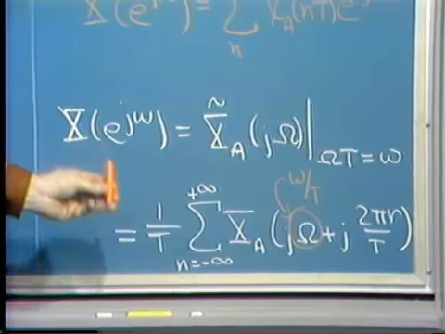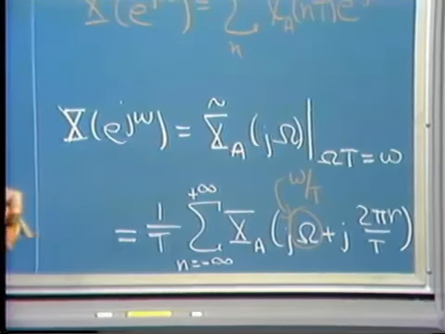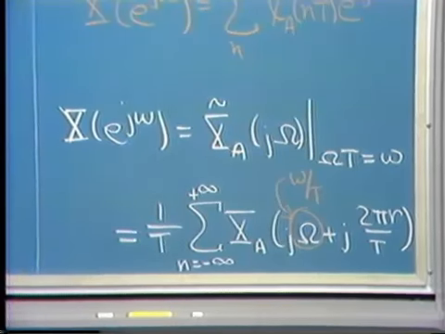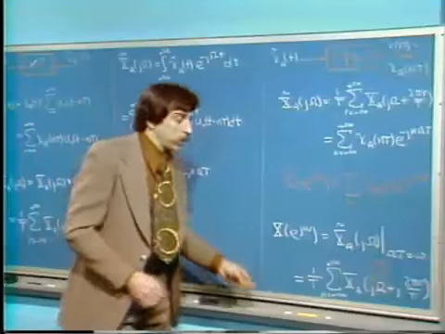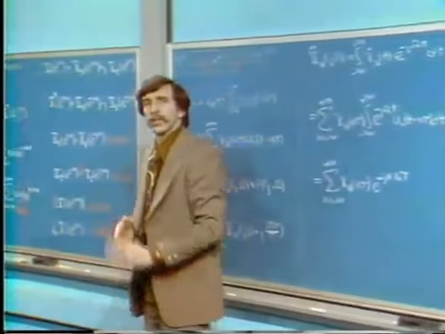And this then tells us what the Fourier transform of the sequence is in terms of the Fourier transform of the output. Well, this is just equations. Let's take a look at what this looks like graphically.